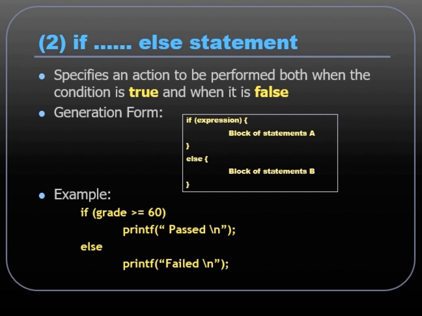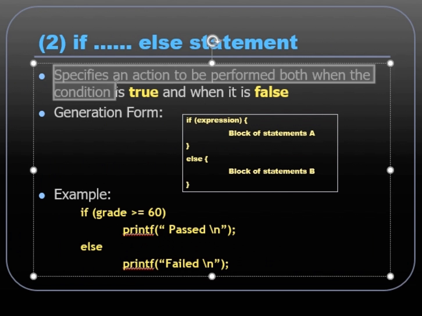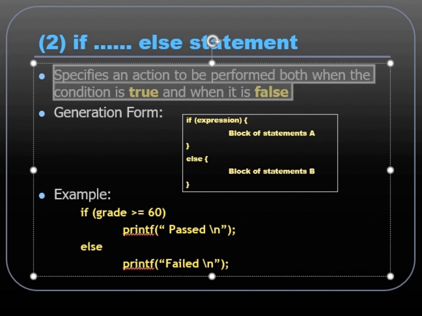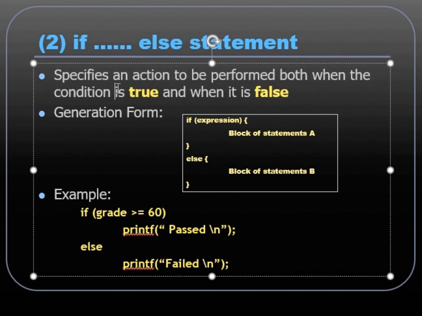But an if else statement can specify an action to be performed both when the condition is true and when it is false. That's the difference. If it's true, it performs the action in the if block. If it's not true, in a plain if it skips the if block, doesn't do anything, and goes to the next statement outside the if statement.